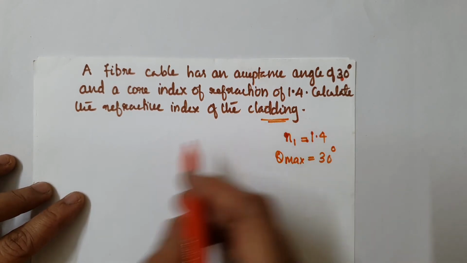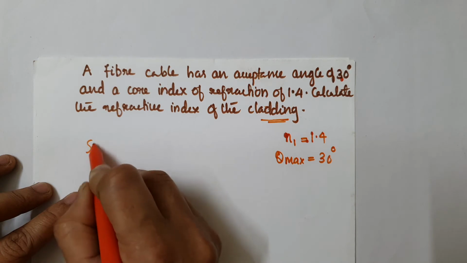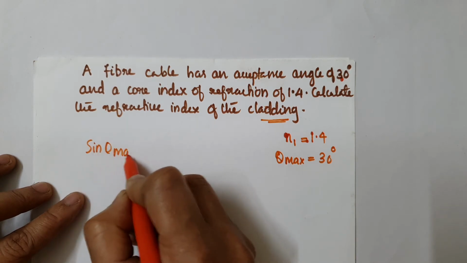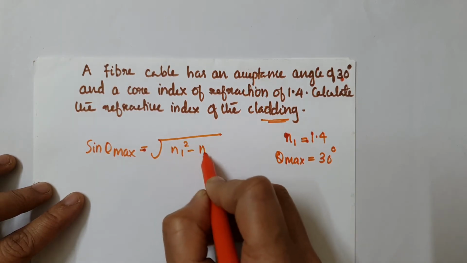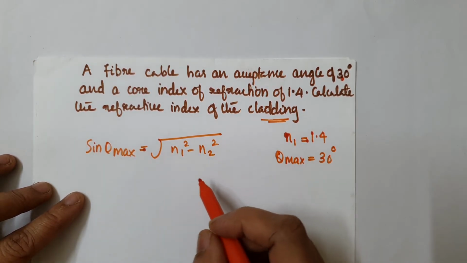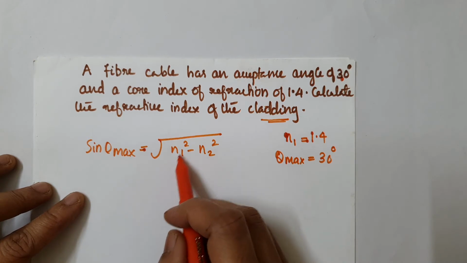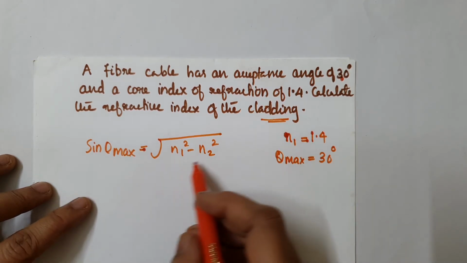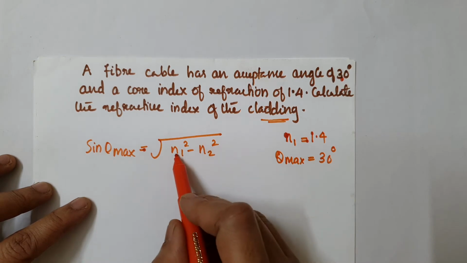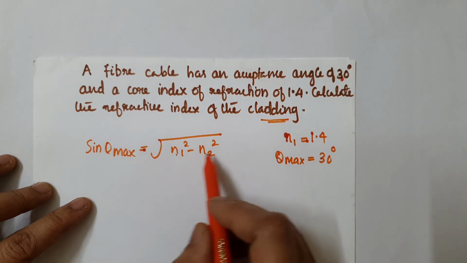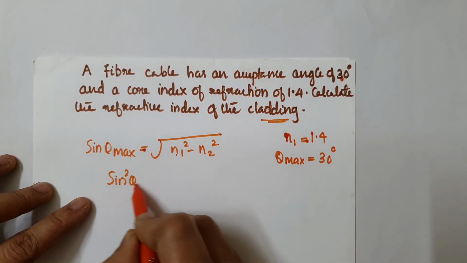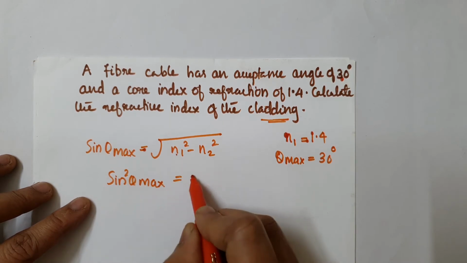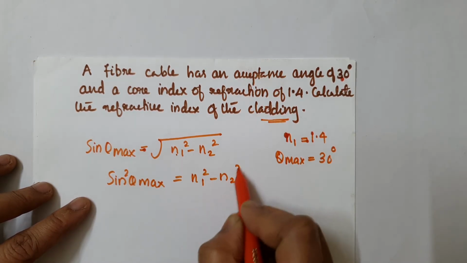So we have studied the expression for the acceptance angle, that is sin theta maximum is equal to root of N1 square minus N2 square. You can also use mu1 square minus mu2 square. N1 is the refractive index of the core region and N2 is that of the cladding region. The N2 should be found out. For that, sin square theta max is equal to N1 square minus N2 square.